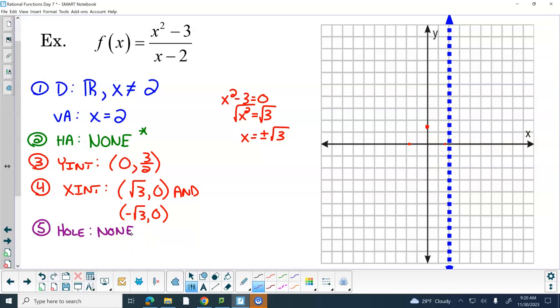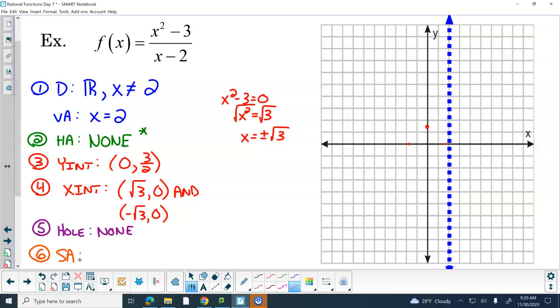And step 6, slant asymptote. So now we've got to do the division, correct? You want to go synthetic or long? Synthetic, okay.